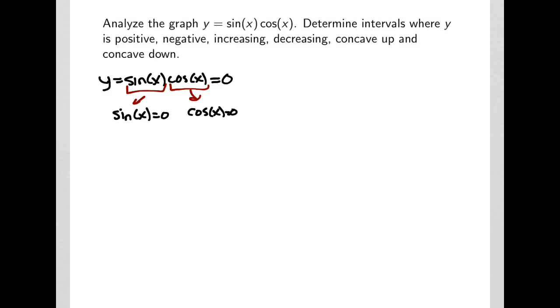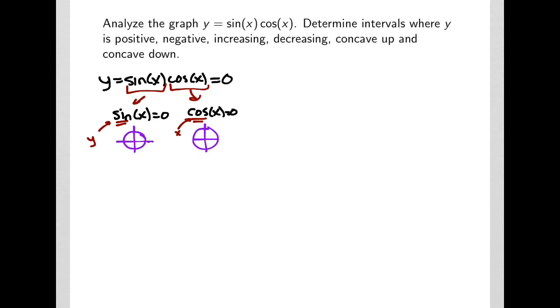And once I get it down to the basic trigonometric function, I can be thinking about this in the context of the unit circle. And so if I want to know where the unit circle makes the sine function 0, we remember that the sine function gives us the y value, and the cosine function gives us the x coordinate.